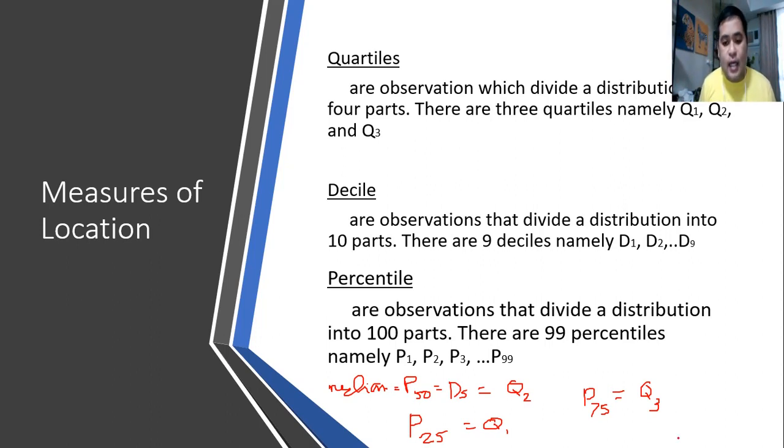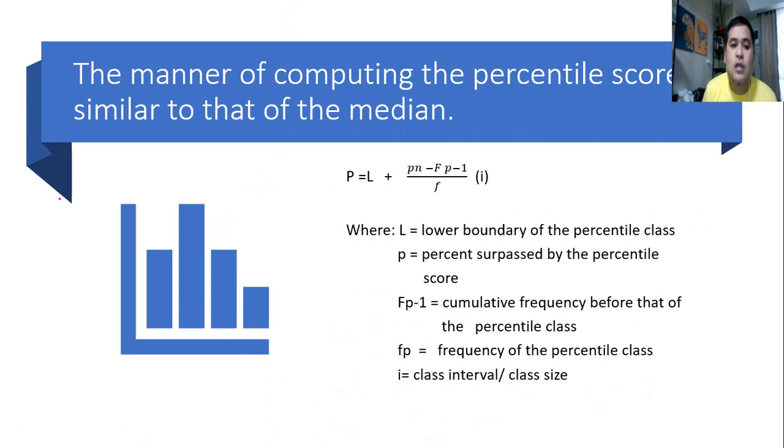So let's compute for this. The manner of computing the percentile score is similar to that of the median. If you still remember, we have this particular formula the same as the median.